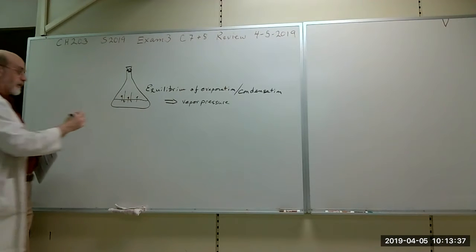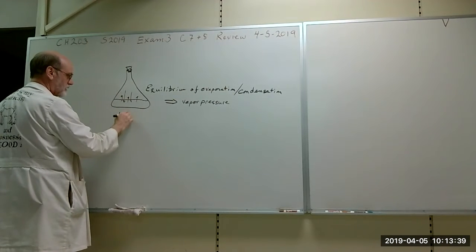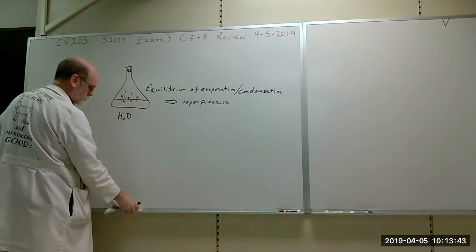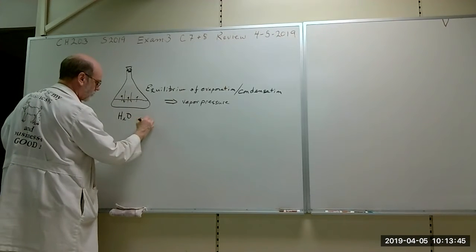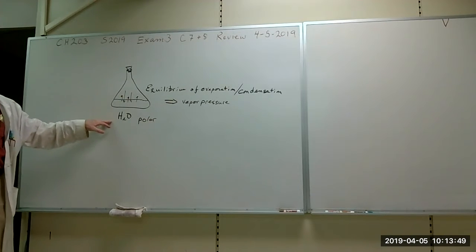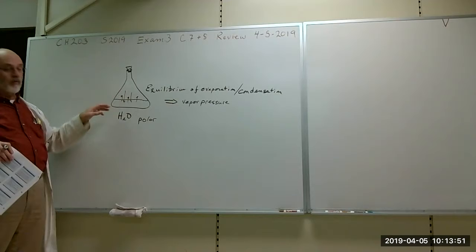So things like water, which is a polar molecule, they have very strong attractions for each other. So the vapor pressure up here for water will be low.